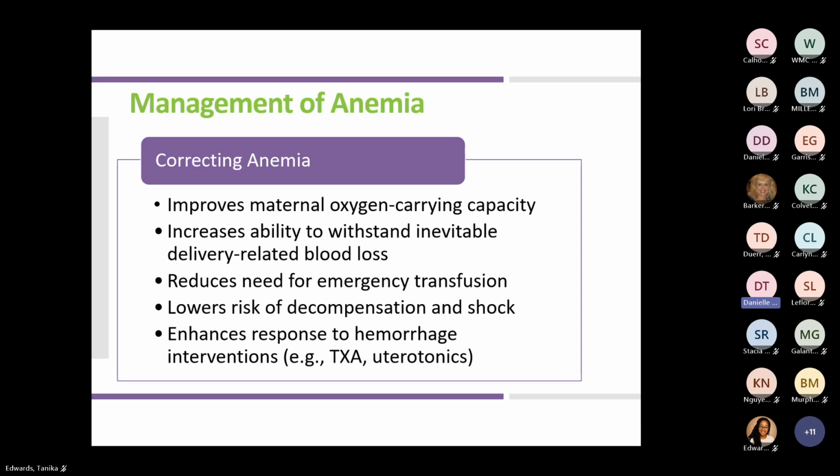So as your patients enter into even the delivery admission, being proactive with transfusion would be definitely worth it if they are at a 6, 7, or even an 8, because you're correcting and also being proactive for their health. And I know that kind of gets a little tricky with numbers and counting with reporting, but remember, we're always doing what's in the best interest of the patient at all times.